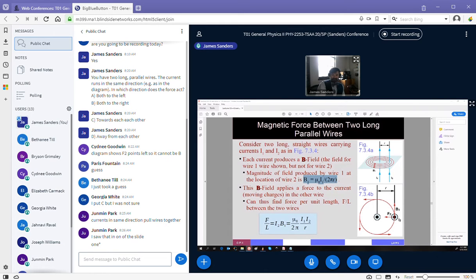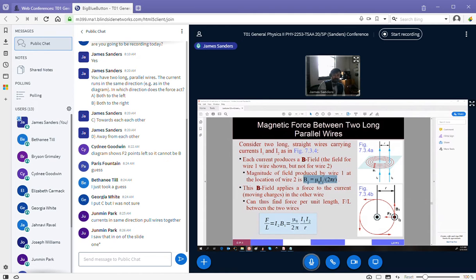So how do we know whether it's to the right or to the left on that one? By the way, the fact that there is a force to the left on that wire that is to the right means you should have been able to also eliminate option D, away from each other, because the force is clearly pointing towards the other wire.